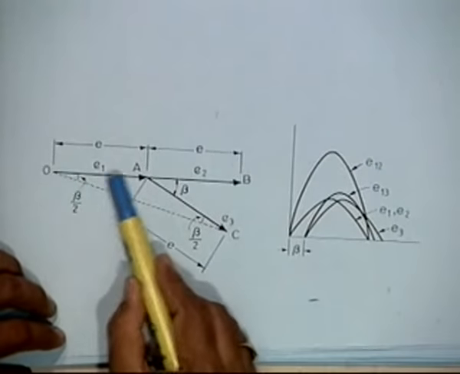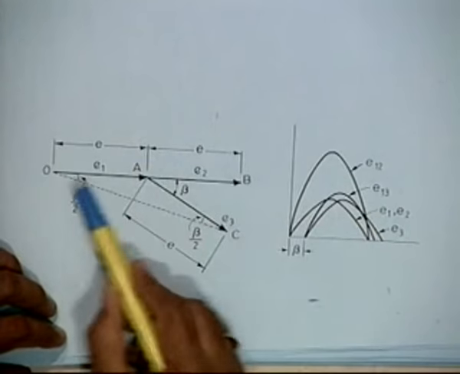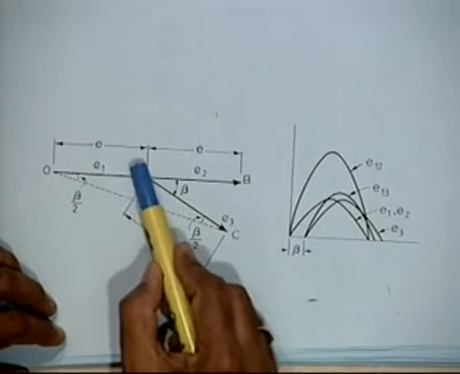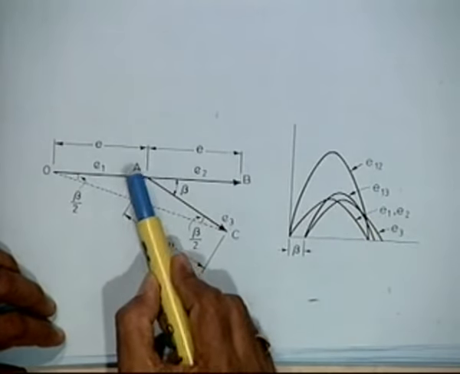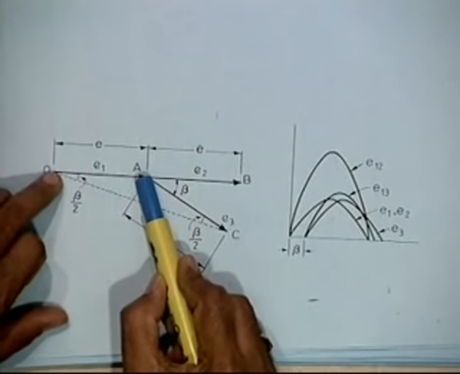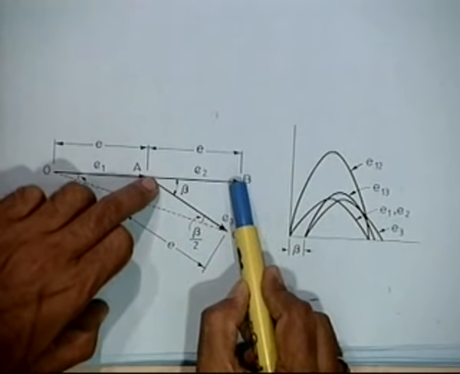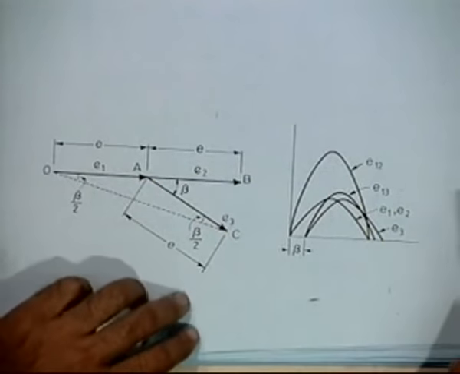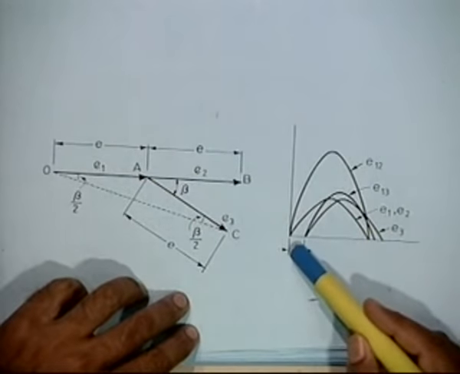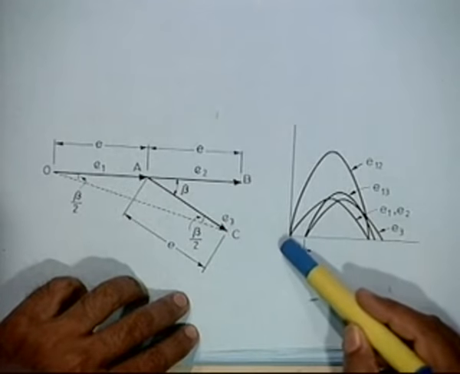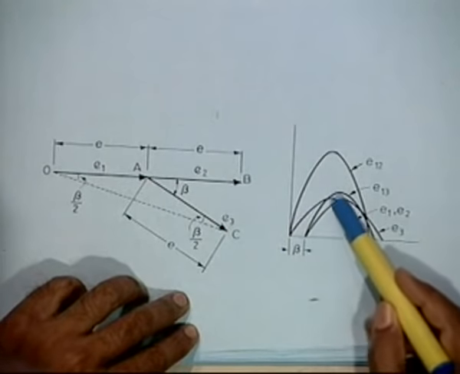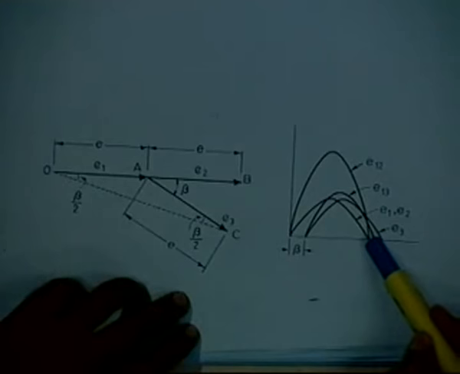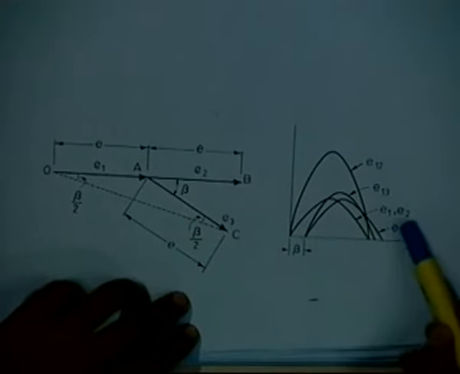If it is full pitch, E1 and E2 will be in phase, and each will be of magnitude E. Suppose this has 10 volts across it, this will also be 10 volts, and they will be in phase. You understand they are all AC. So you can show it like this: this is E1 and the same thing will be E2.